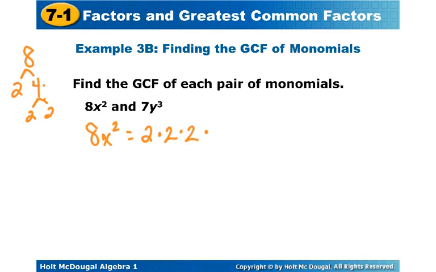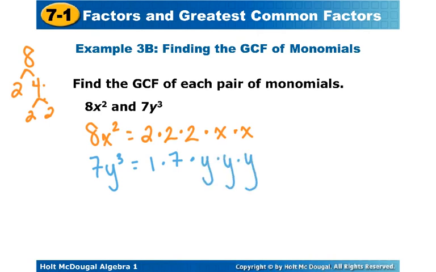And then writing my variables out as factors, that now becomes x times x. And I'm going to do the same thing with 7y cubed. So 7 is just 7 and 1. So I have 1 times 7 here. And then I have y's of y times y times y.